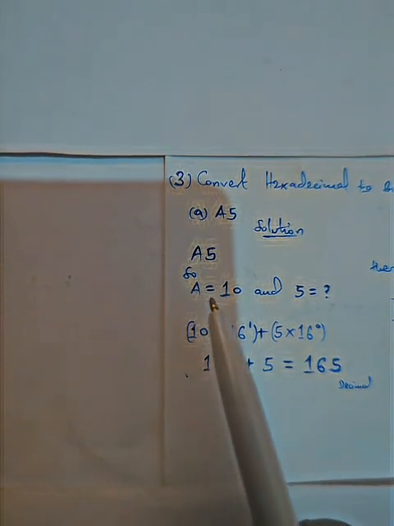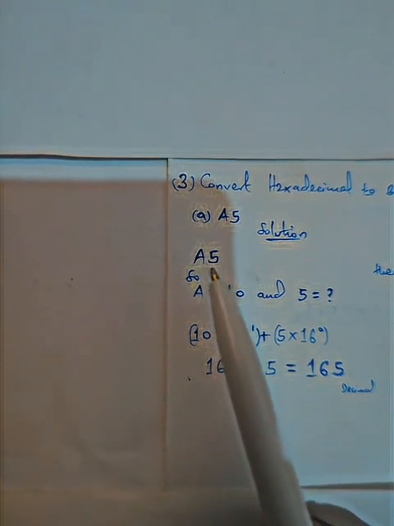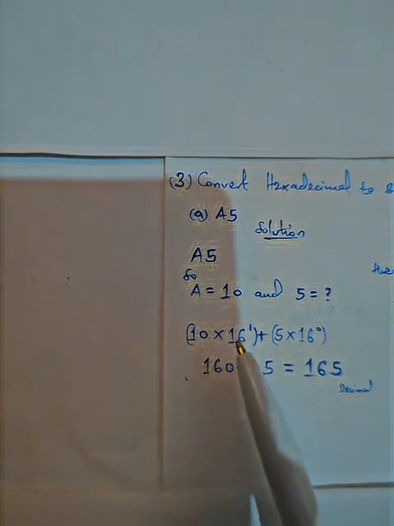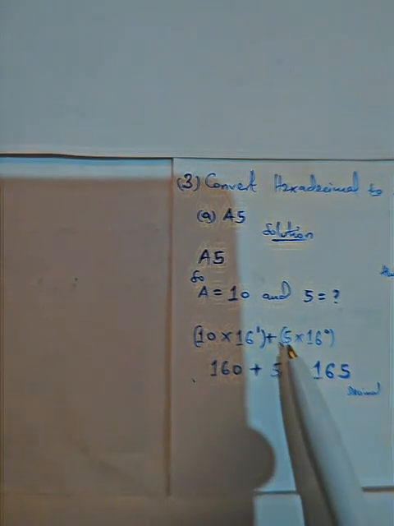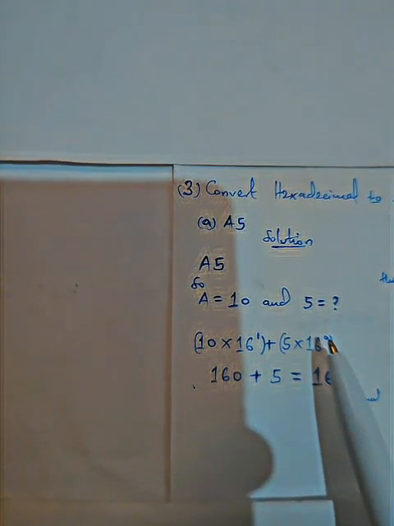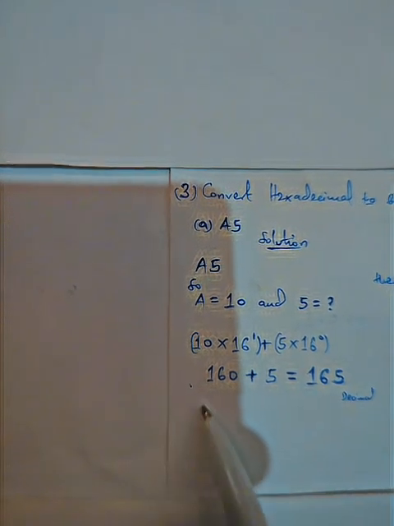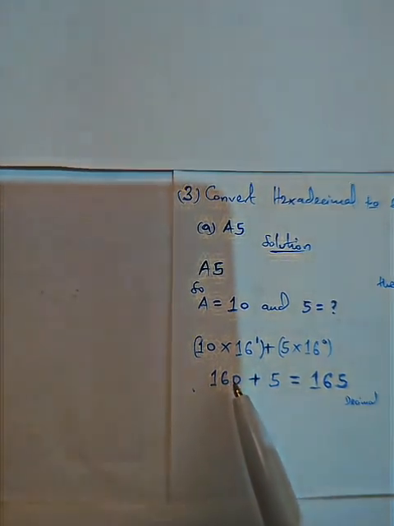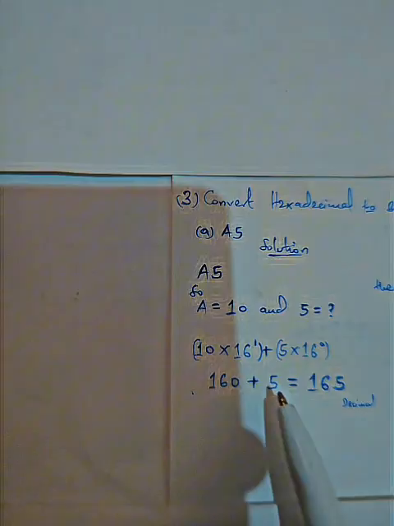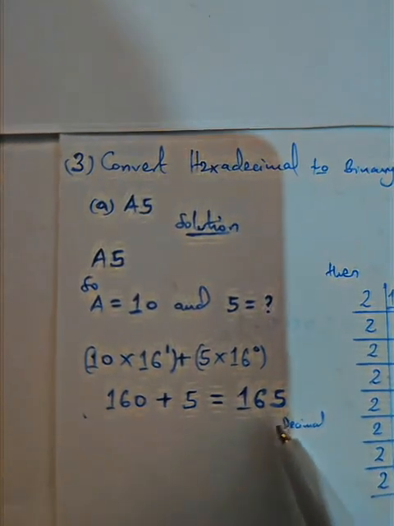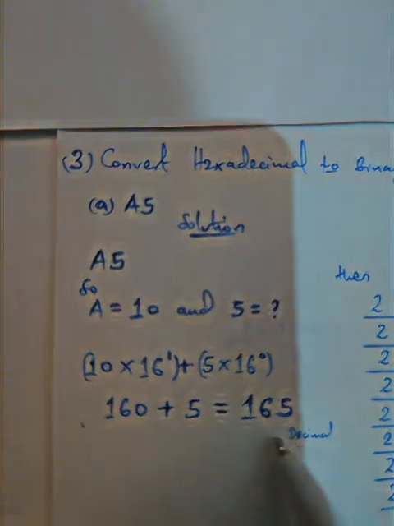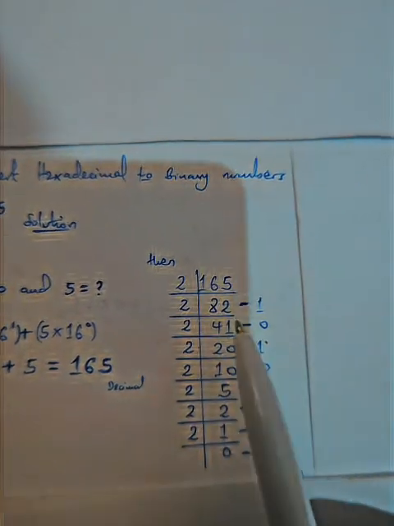Because it started with hexadecimal A5, 10 times 16 power 1 plus 5 times 16 raised to power 0. Therefore this will be 160 plus 5, which is equal to 165. 165 is a decimal number. Therefore we must convert it to a binary number.